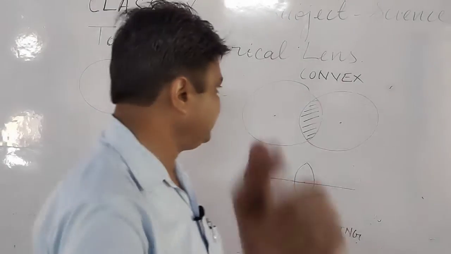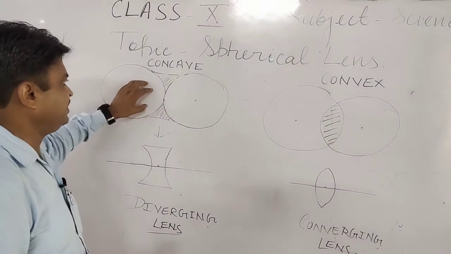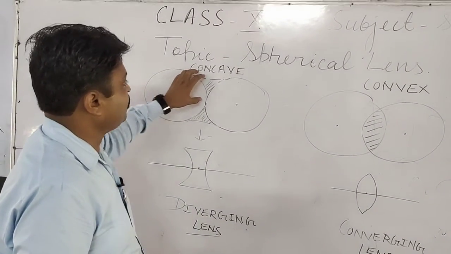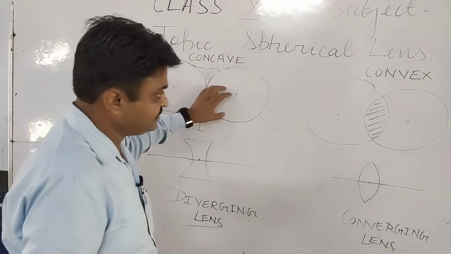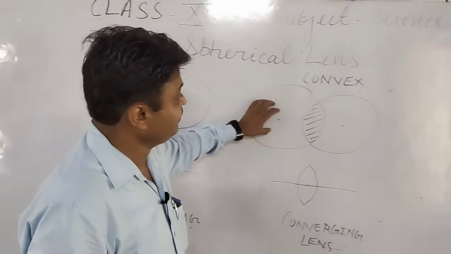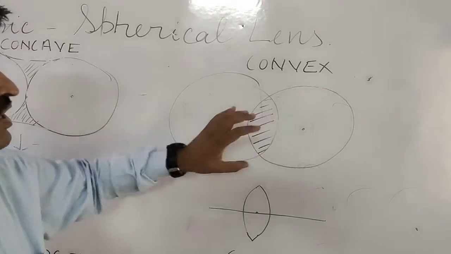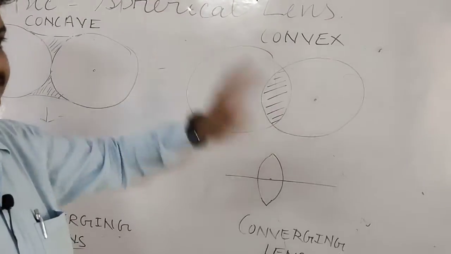If we adjust the two spherical glasses in this way, then the lens that we get is concave, or the lens that we get by adjusting the two spherical glasses in this way is known as a convex lens.